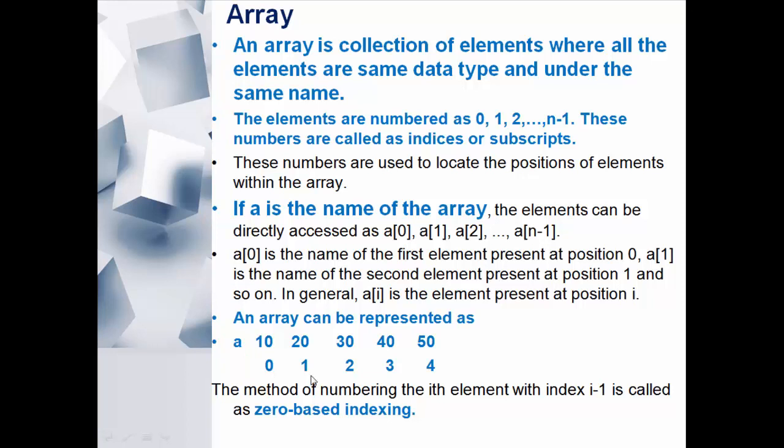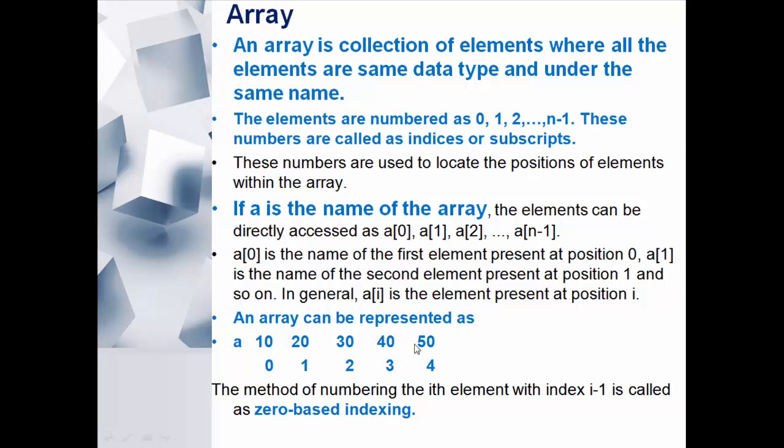Next point, an array can be represented as follows; let us take an example. Here a is an array name and it contains 5 values, I am taking the array size as 5. So it contains 5 values: 10, 20, 30, 40 and 50.